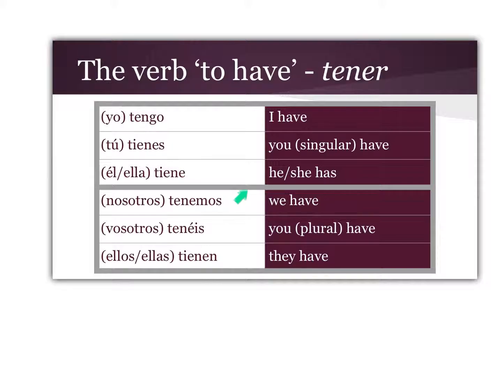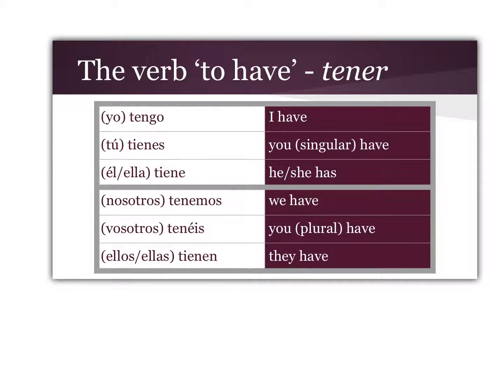Below the grey line in the box here, we have the plural forms of the verb. We is the plural of I, because it talks about the person who is speaking, but includes other people as well. Tenemos un gato. We have a cat. The plural of you singular is you plural. That's because if I am talking just to you, to one person, I use this form. If I am talking to lots of people, I use this form here. ¿Vosotros tenéis un gato?